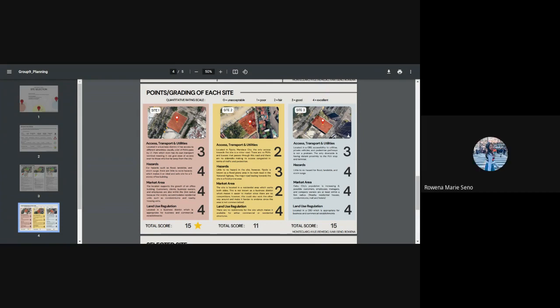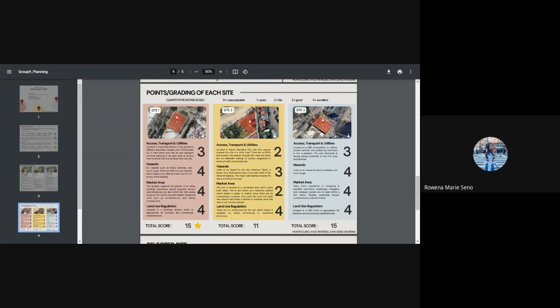For site 3, I gave access, transport, and utilities a 3 since it is located in a CBD, with available area. For hazards, there is little to no hazard for flood, landslide, and storm surge, so it is scored 4.